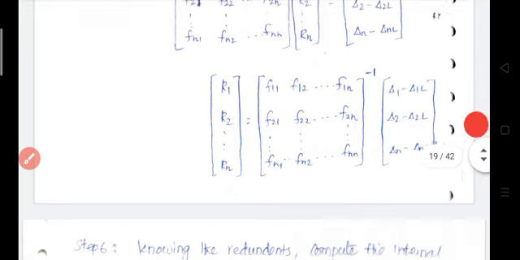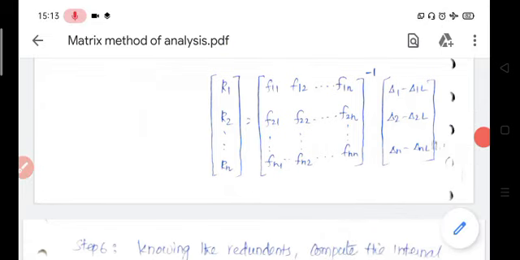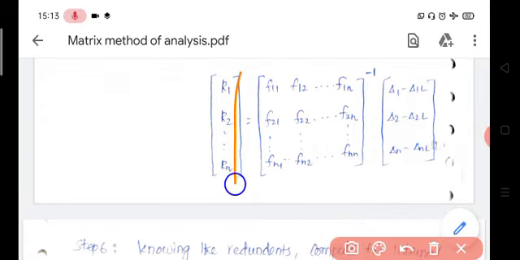Finally, the redundant reactions R1, R2, Rn matrix is equal to the flexibility matrix inverse, with F11, F12 and so on, up to Fn1, Fn2, Fnn, inverse times delta 1 minus delta 1L, delta 2 minus delta 2L, delta n minus delta nL.